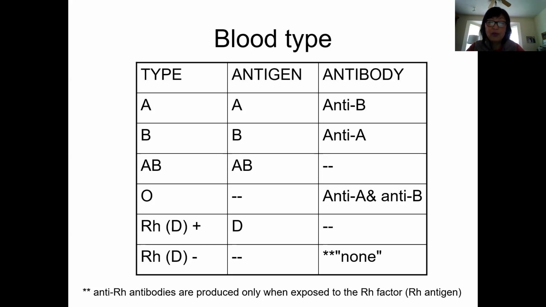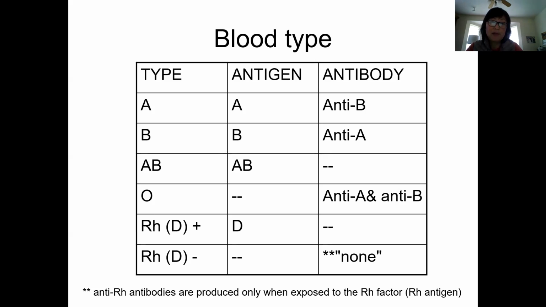So far, just by looking at columns 1 and 2, you can see the pattern. Whatever antigen you have on the RBC, the blood type is related to that antigen. So if you have A antigen on the RBC, then it's type A blood. If you have B antigen, then it's type B blood.